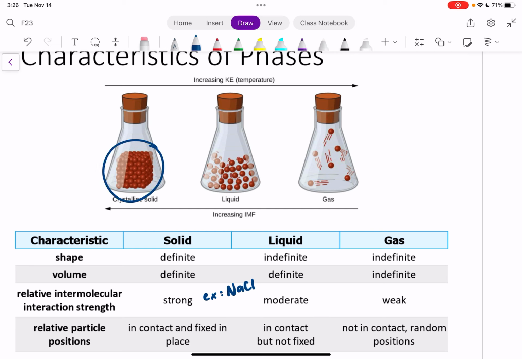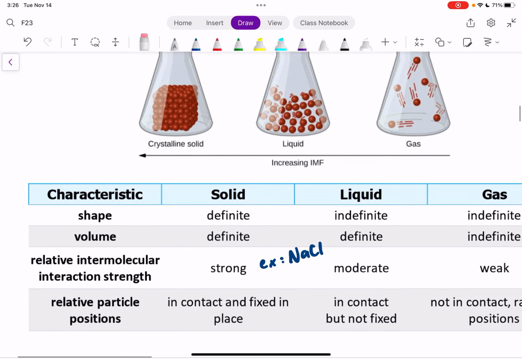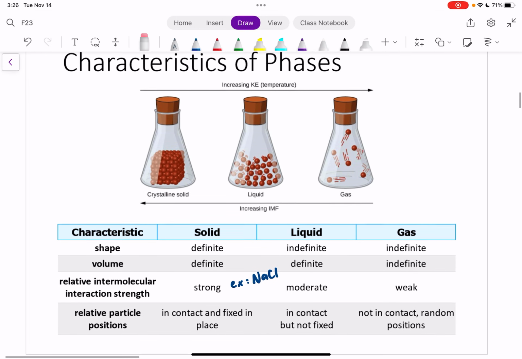And solids tend to form these crystalline structures or crystal lattice structures you'll sometimes hear, where you've got alternating pluses and minuses for your ions attracted to each other because they like that difference in charge. And it just turns out that this is a really, really strong interaction between these particles. So those solids have that strong intermolecular interaction.